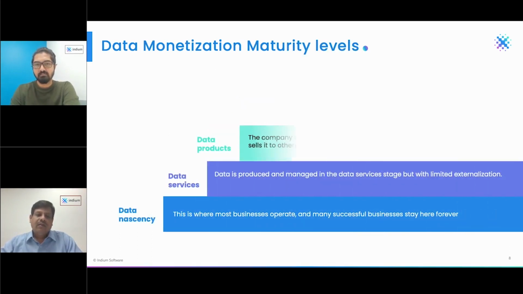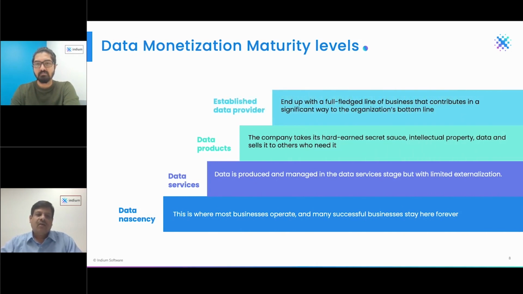So we see various different levels of data monetization maturity, what we call the success that companies have seen. Many of the companies started most of their business, they operate, and many successful businesses stay there forever because the data that has been generated is not really being put to use.